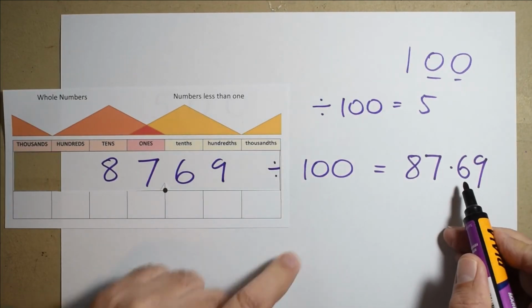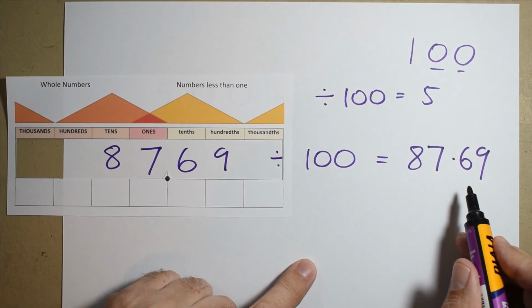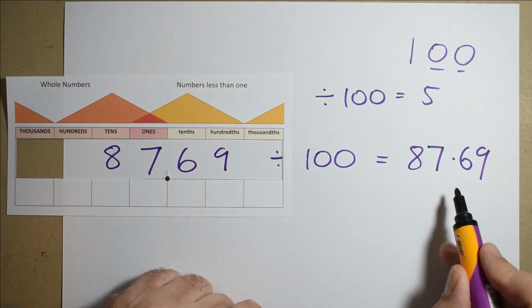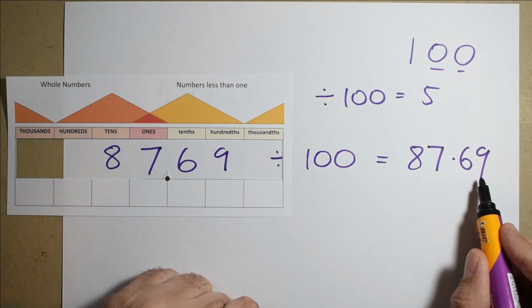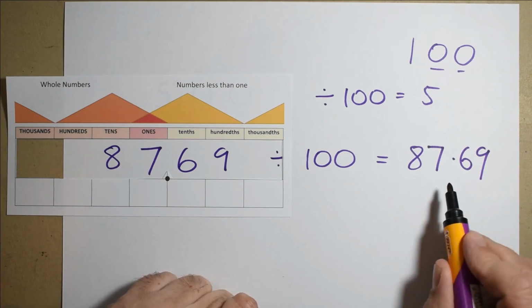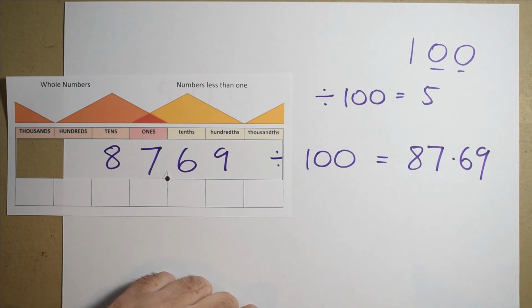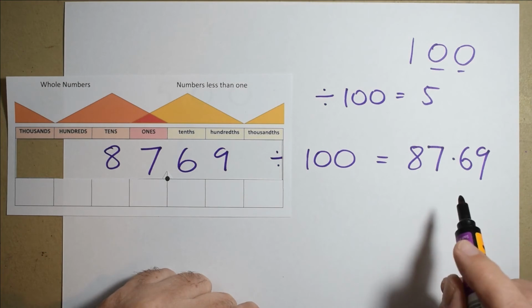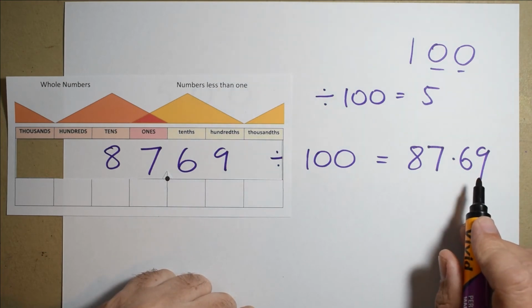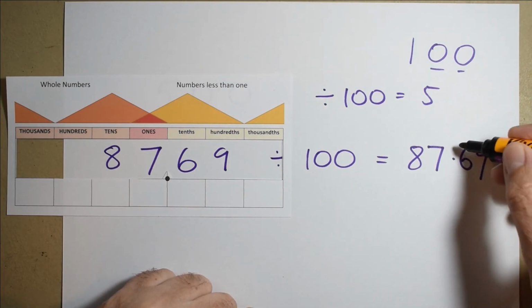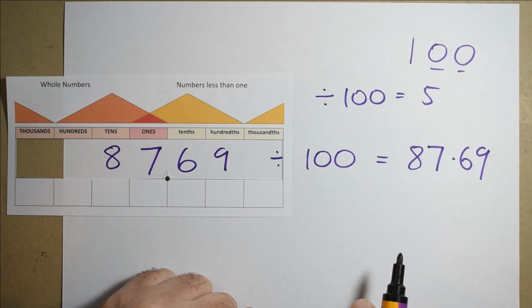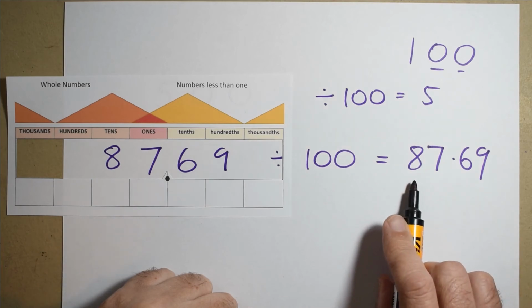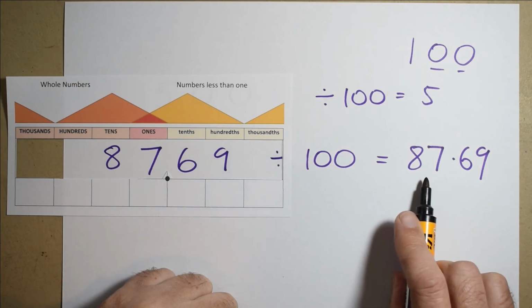Now when you're dealing with very small numbers like this, decimals, that sort of thing, typically in European maths we don't say 0.69. We normally say nought point 69 or nought point 732 or whatever the number happens to be. It's just another way to differentiate between numbers that are less than 1, so .69, that's 6/10ths and 9/100ths, versus numbers that are more than 1, or 1 or more at least.